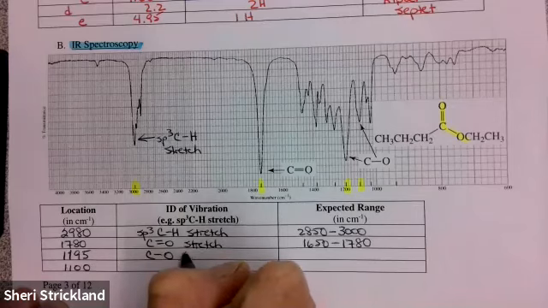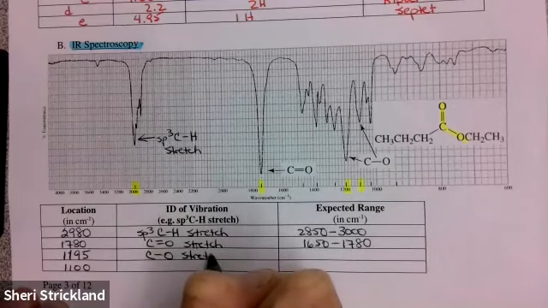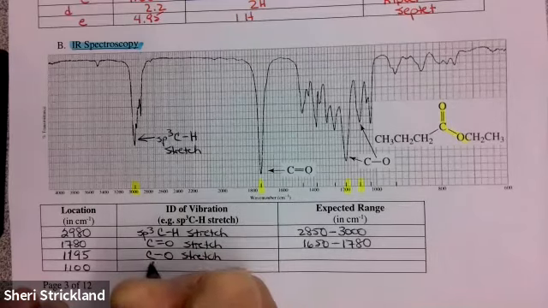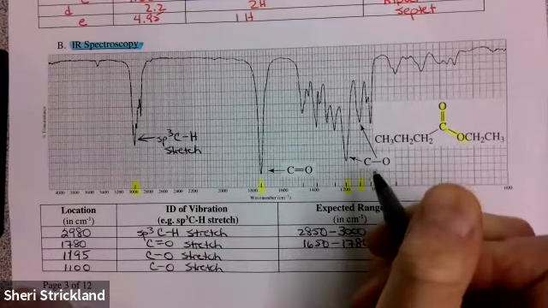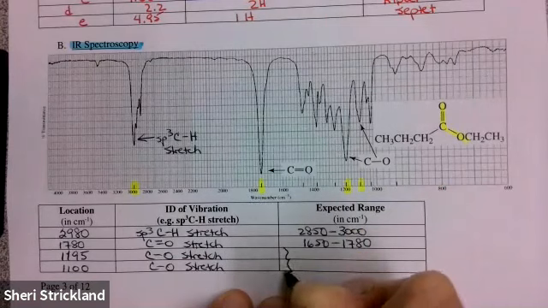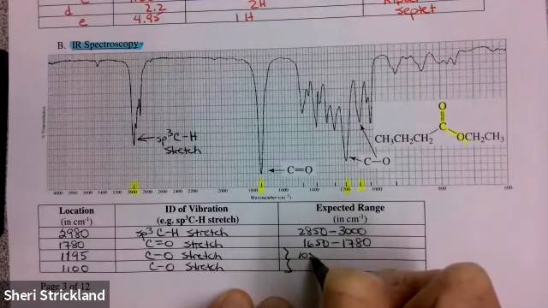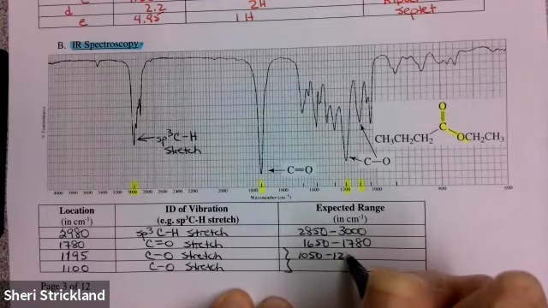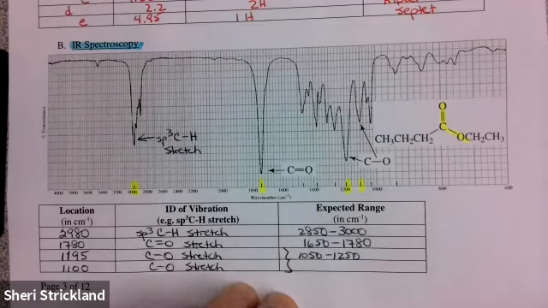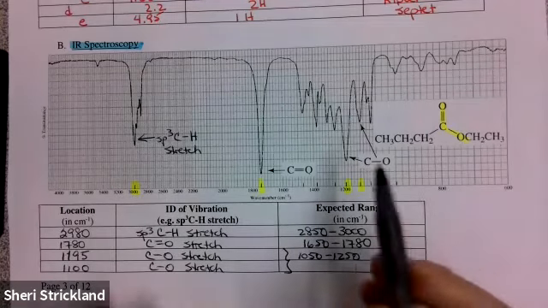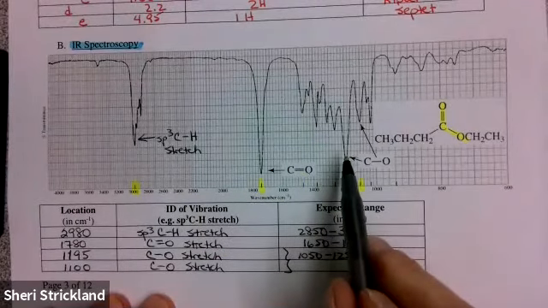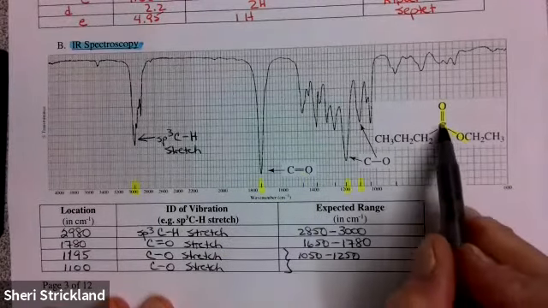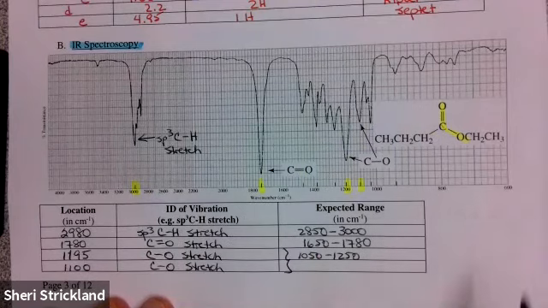So very often you'll see two different signals when you're talking about an ester. Both in the same region, in this 1050 to 1250 centimeters to the -1, or wave numbers. But one much farther to the left than the other, and the one that's farther to the left is the stronger of the two. That would be this one as opposed to that one.